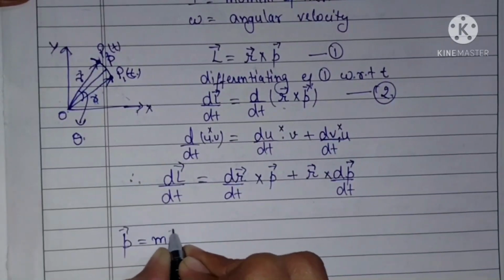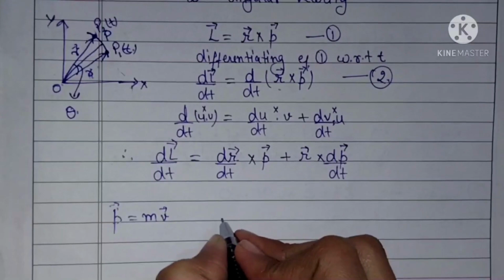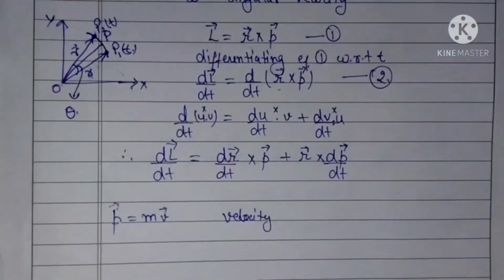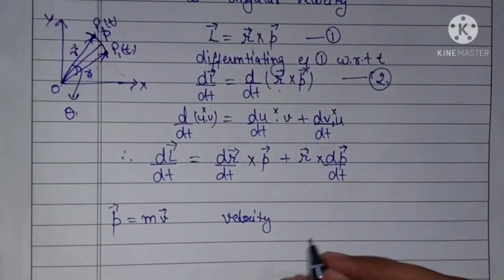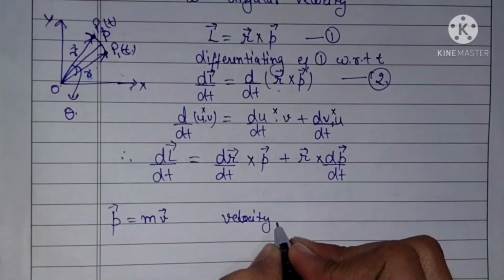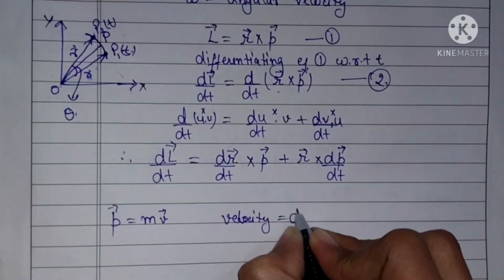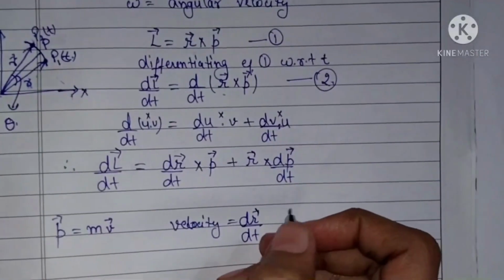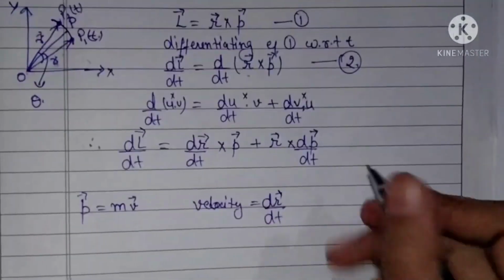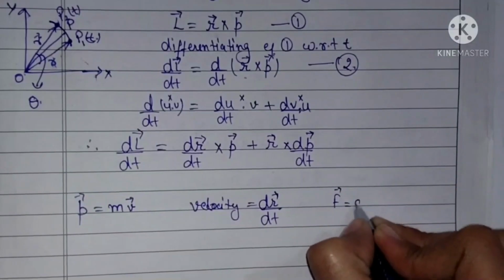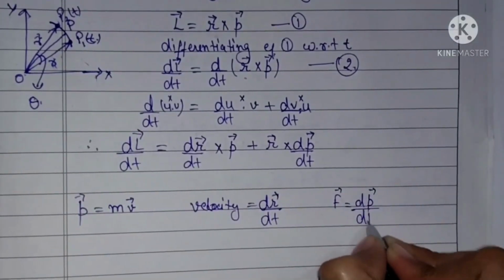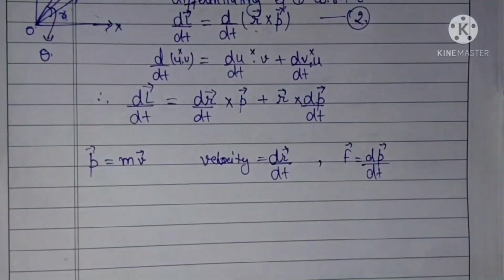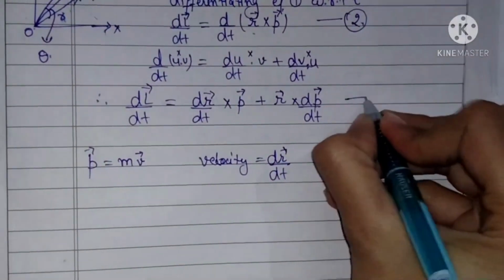As we know that p is equal to mv, and dr/dt is equal to velocity v, and force is equal to dp/dt according to Newton's second law of motion.